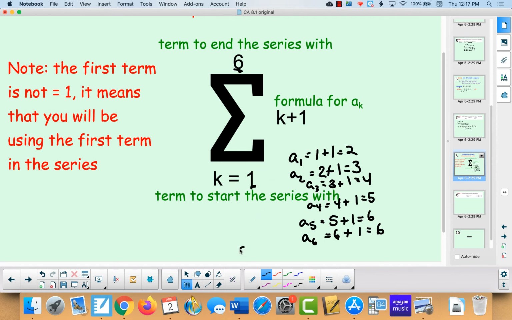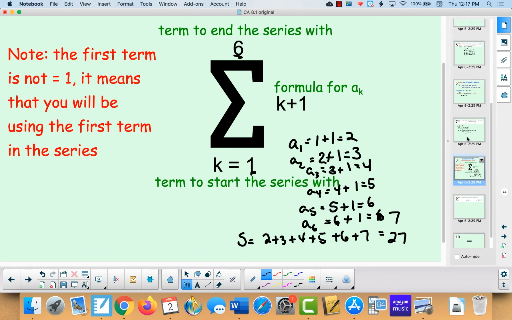So the sum is going to be equal to 2 plus 3 plus 4 plus 5, oops, that's supposed to be 7, plus 6 plus 7. So that's 5 plus 9 is 14, plus 6 is 20, plus 7 is 27.